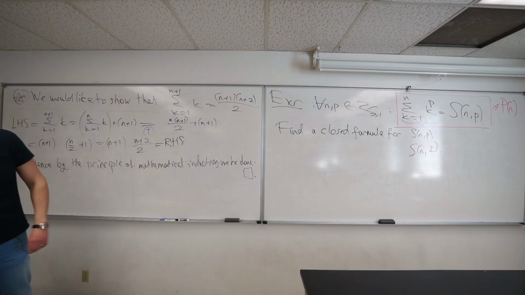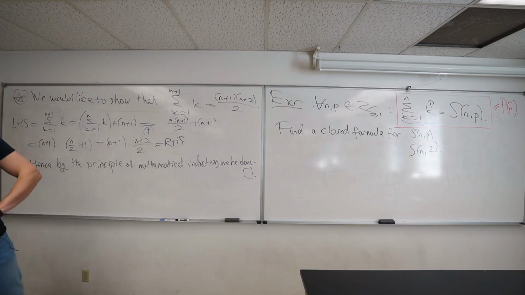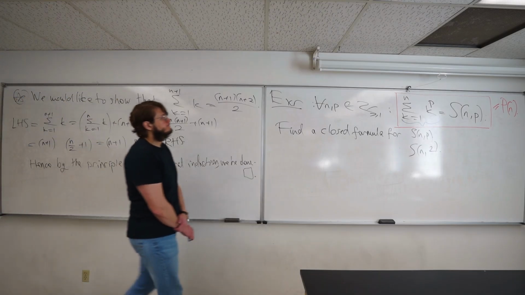Any comments or questions about any of this? In this P(n), previously you wrote summation of k equal like full, right? Yes. That equal sign, is it the same as this one?